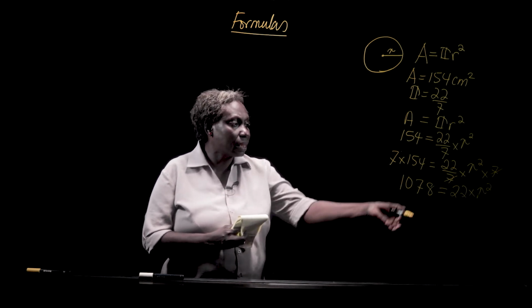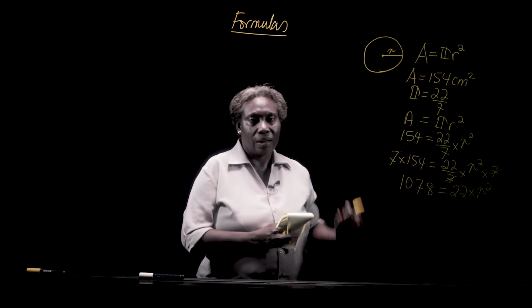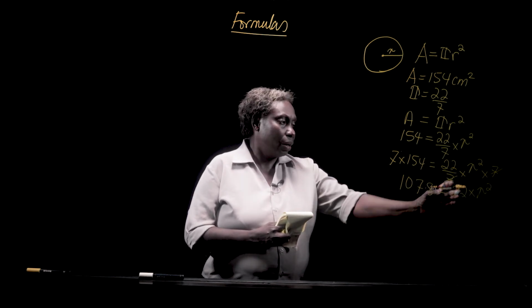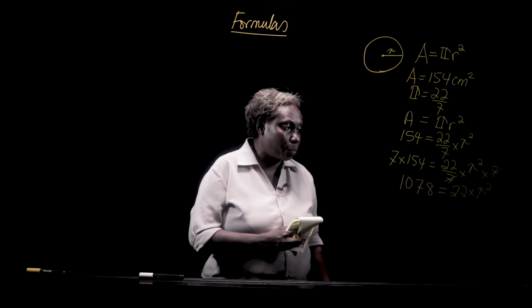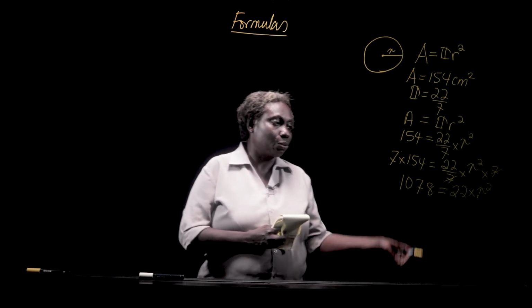Now, the next thing is to get rid of 22 so that r stands on its own. Since we are multiplying by 22, we divide both sides of the equation by 22.